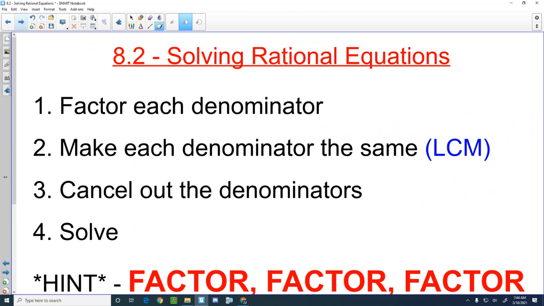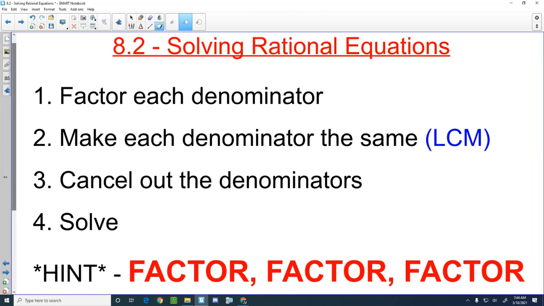8.2, solving rational equations. 4 steps. Please jot these down in your notebook so that you can refer to them. Nice and easy.